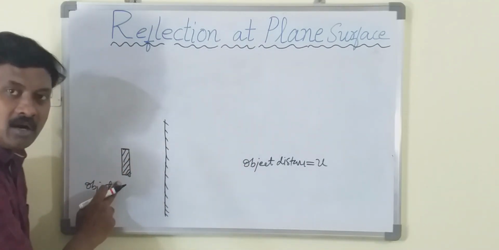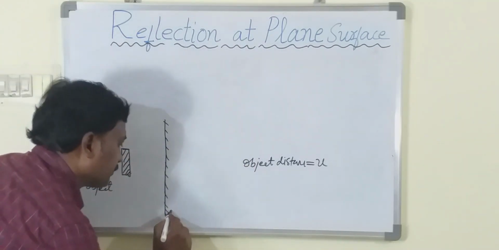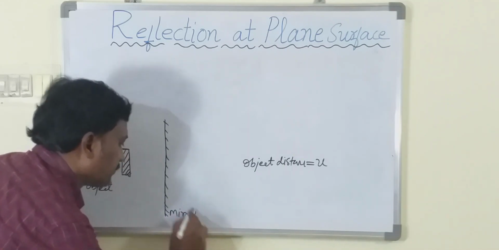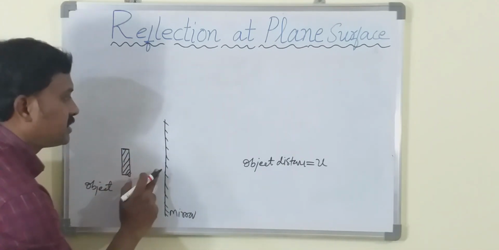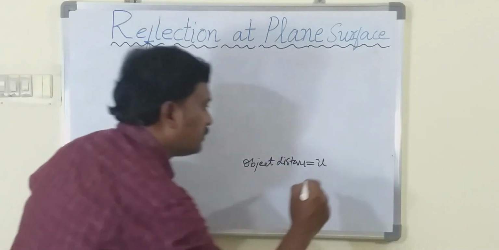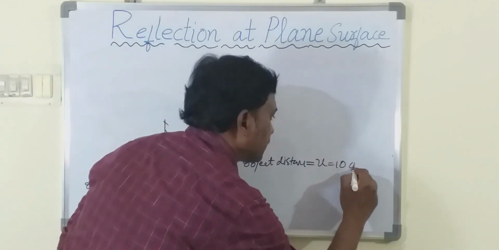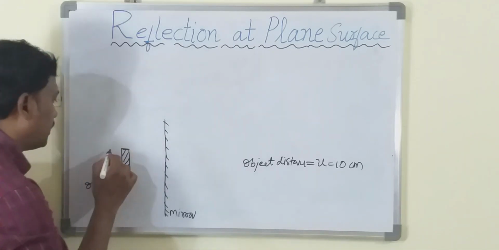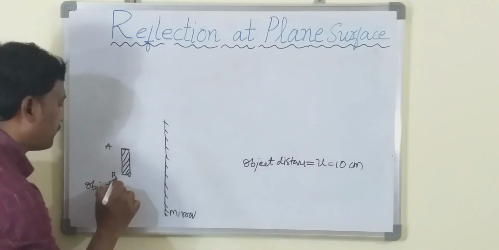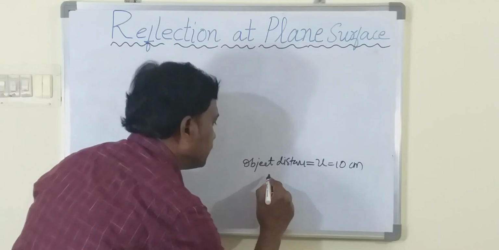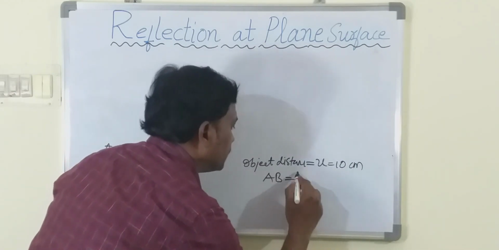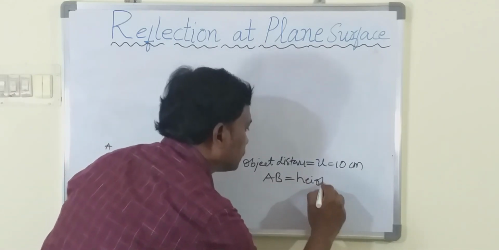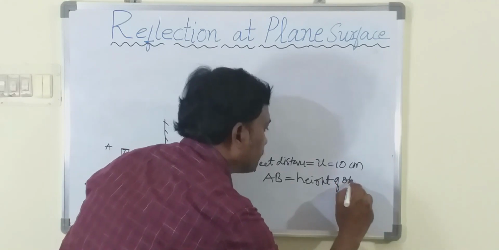The distance of the object from the mirror. This is the mirror, right? And this distance is denoted as U. Let me say it is 10 centimeters. Let me denote the object as AB, and let me say this AB is the height of the object.